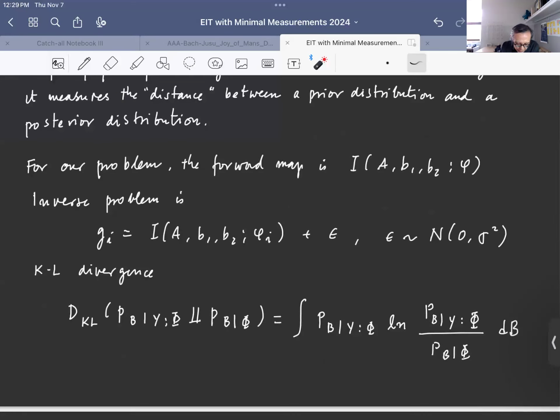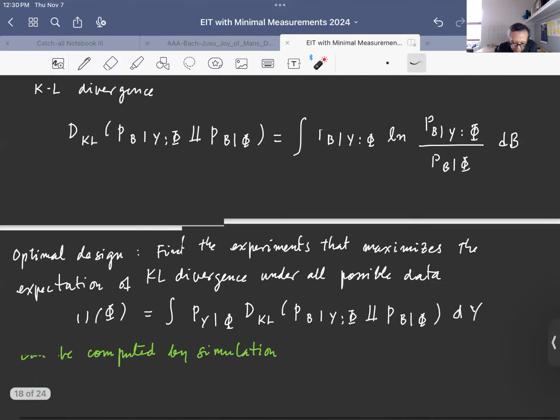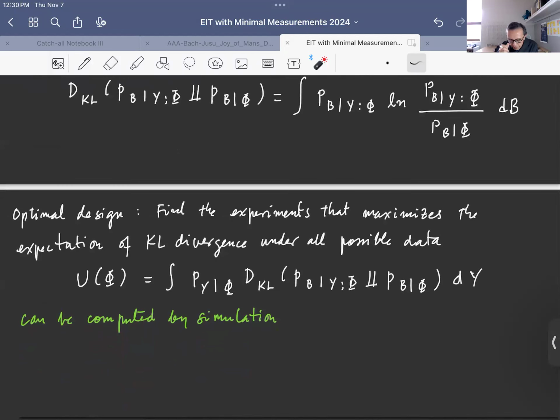So the KL divergence in this case is, so you have a posterior and a prior. And this is given by this formula, which takes the posterior, the logarithm of the ratio between the posterior and the prior, and then integrates it against all possible parameters. And now, in the optimal design, we haven't done an experiment. So we have to look at all possible experiments.